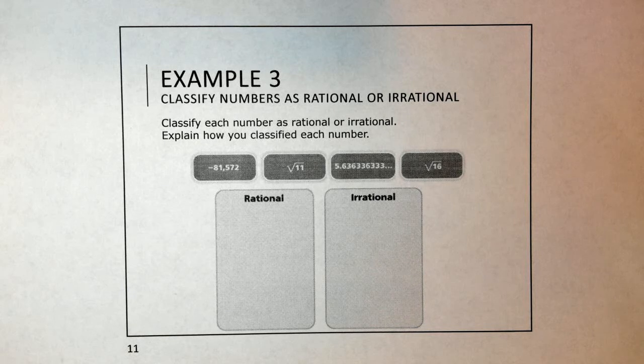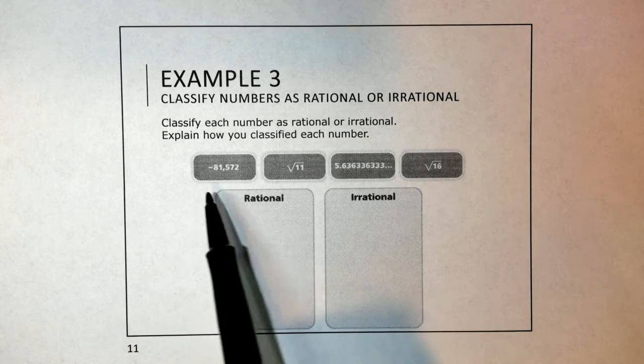They keep on going forever, but there's no repetition. There's no repeating pattern. And the second thing that we just looked at in example 2: it's a square root that can't be simplified because the number under the radical symbol is not a perfect square.